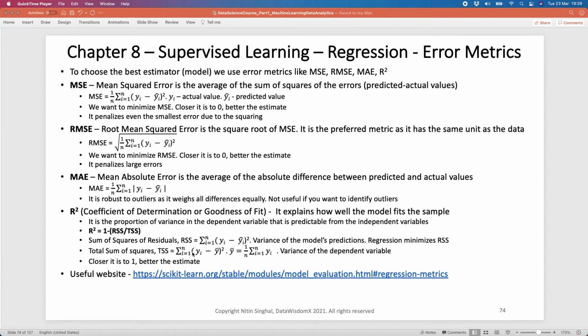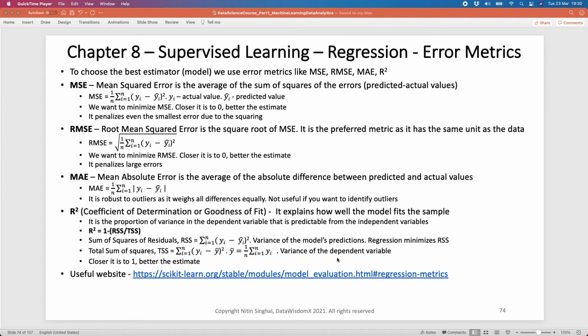Similarly, the total sum of squares now is the actual average. So you've got the actual values of the dependent variable y. If you took its actual average for all those dependent variables in your sample, and now you subtracted that from the individual y values. Remember what that was? If you remember the statistics lecture, it was the variance of the dependent variable or the y variable.